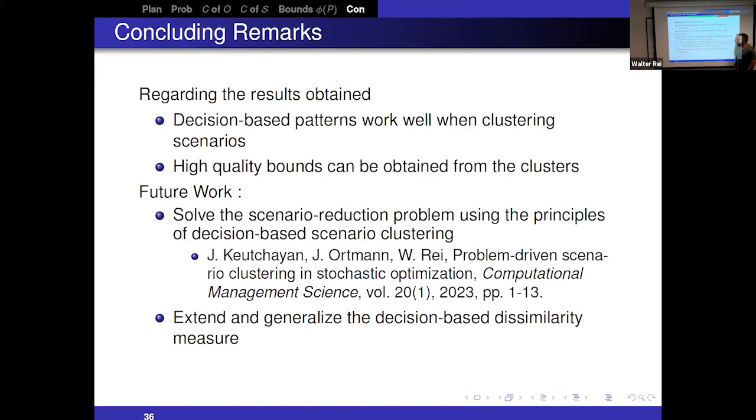So the bounds worked, at least on those two instances. We had some nice results. I think that this idea of interpreting, so scenarios are what? Scenarios are information, right? If you think about it, it's information used to model uncertainty.